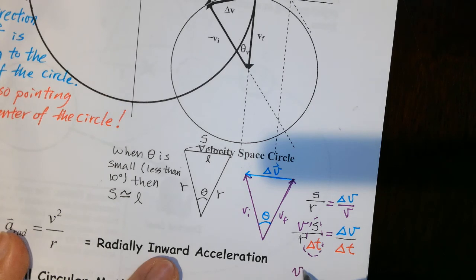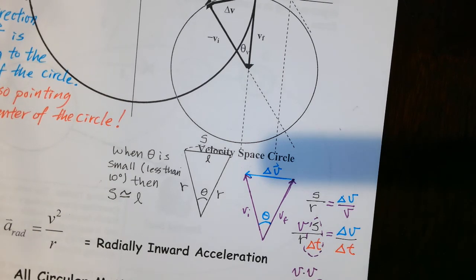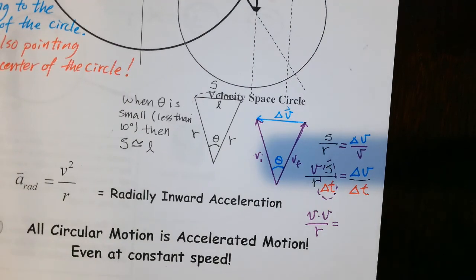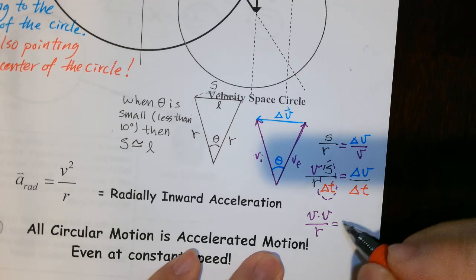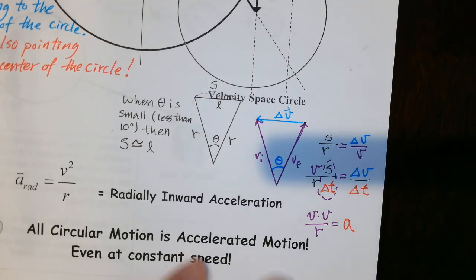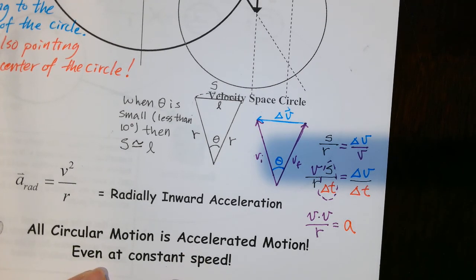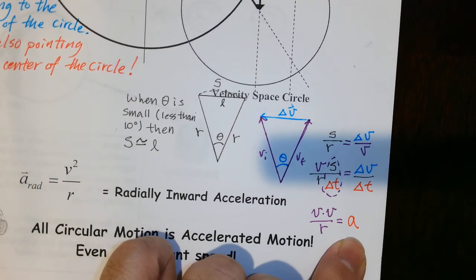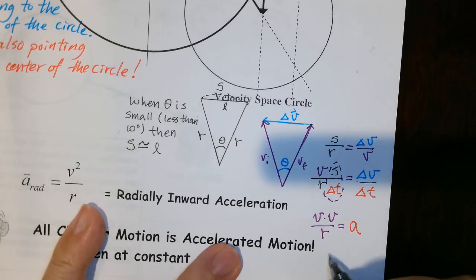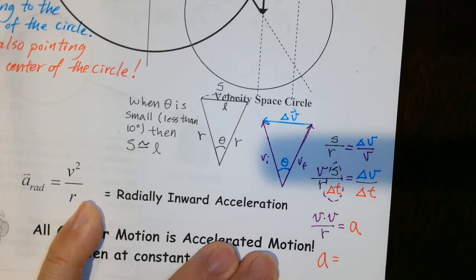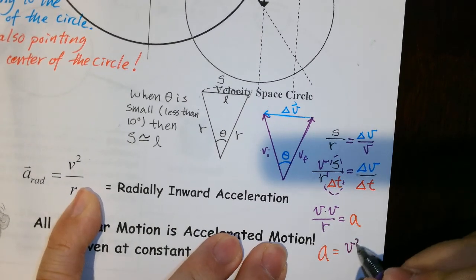So I would have V times V over R is equal to this delta V over delta T, we know it as acceleration. Therefore, that acceleration that we just talked about has magnitude of V squared over R.